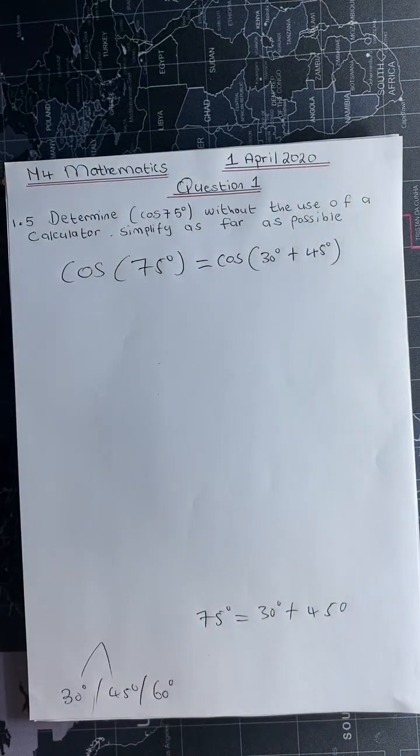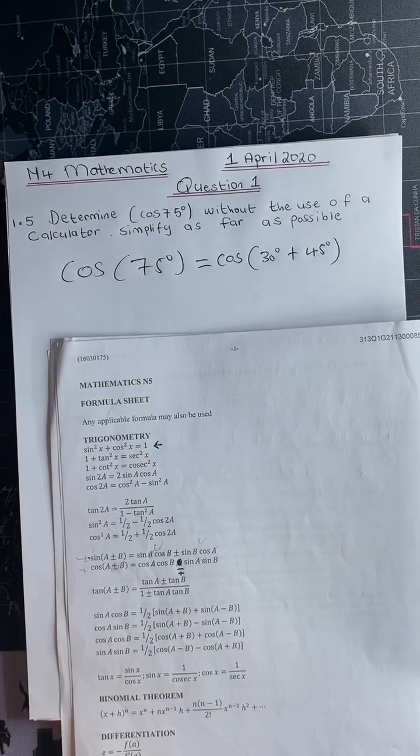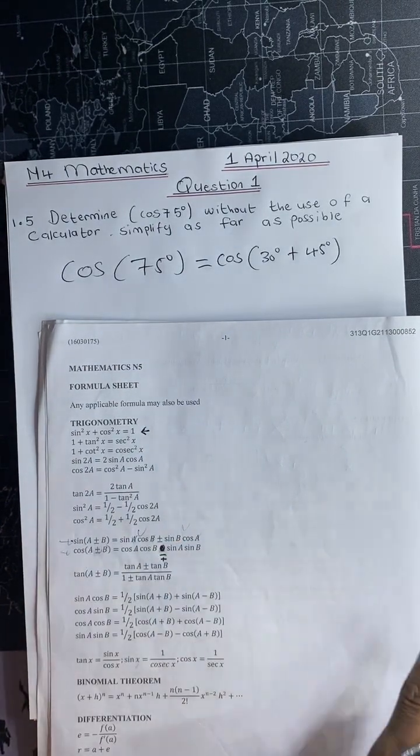And again, we use our formula sheet, the one that we were using on 1.4. So this one for cos.